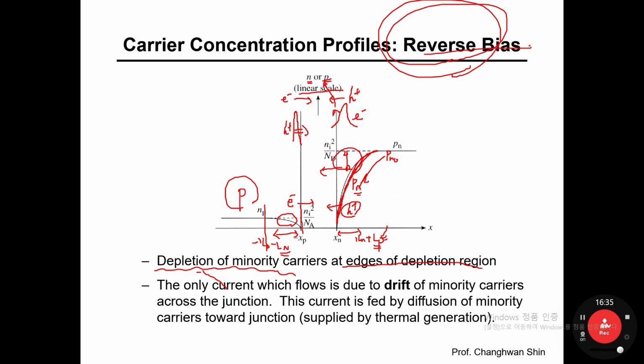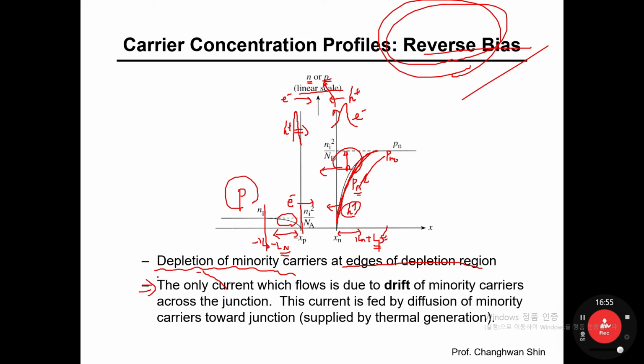Okay, so as we have learned, the saturation current in the diode under reverse bias can be obtained and explained with the help of the drift mechanism of minority carriers across the junction.